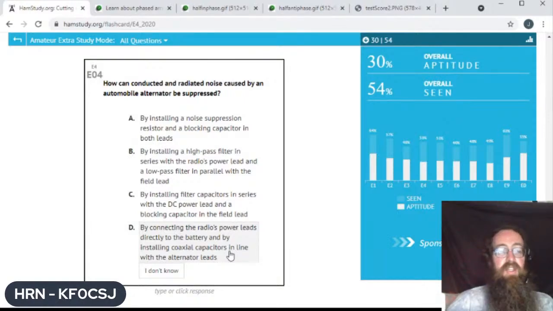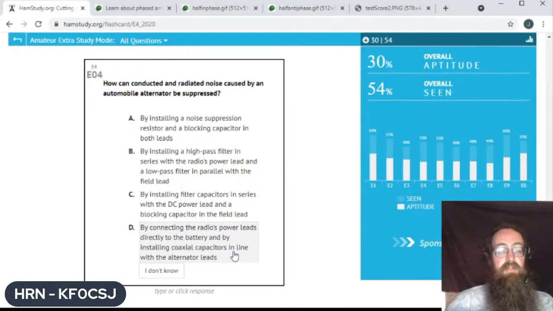How can conducted and radiated noise caused by an automobile alternator be suppressed? A. By installing a noise suppression resistor and a blocking capacitor in both leads. B. By installing a high pass filter in series with the radio's power lead and a low pass filter in parallel with the field lead.